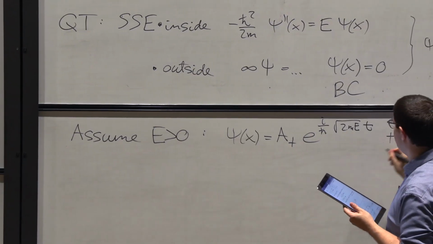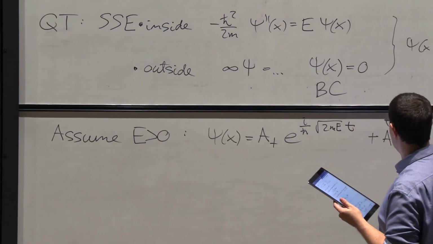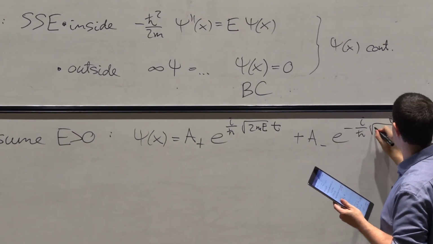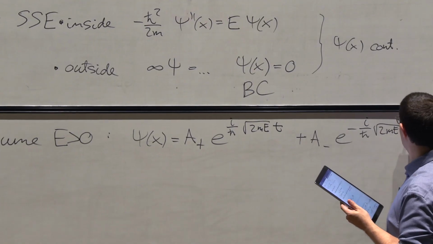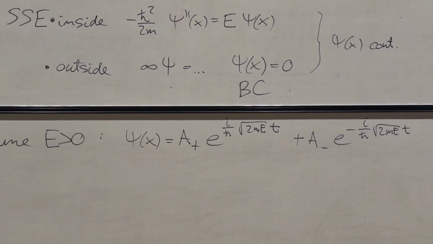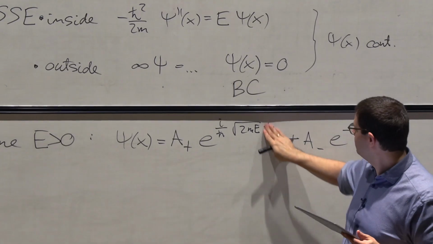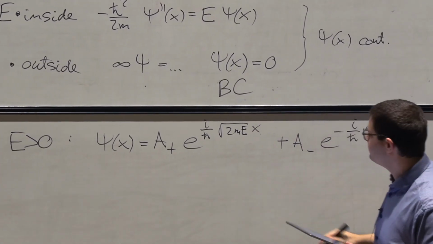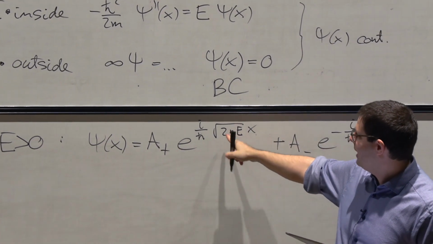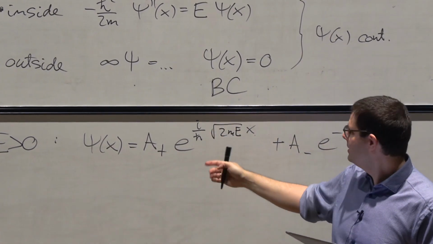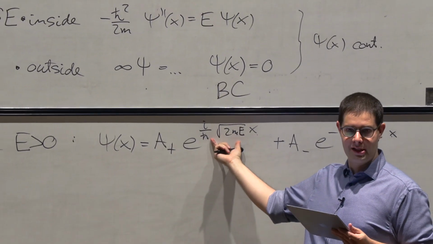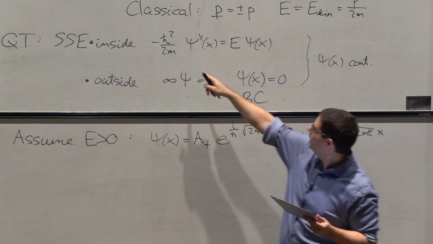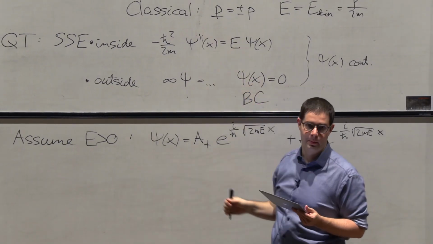And we can also get it with the other sign, a minus e to the minus i over h bar square root of 2mE x. Because if we act twice with the derivative on this, it brings down 2 powers of this, so the sign doesn't matter, and this squares to 2mE over h bar squared.